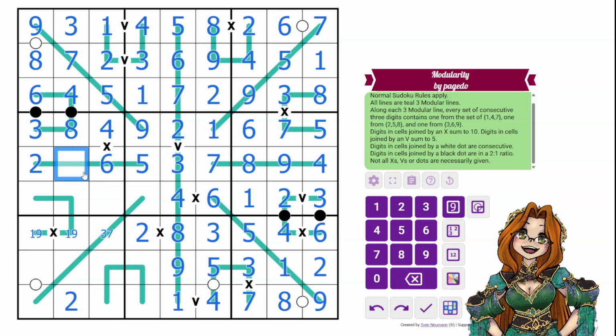This is now from 147, and it sees a 7 and a 4, so it's a 1. Let's see. This one sees the 1, 9. This is from 147, and it sees a 1 and a 4, so that's a 7.